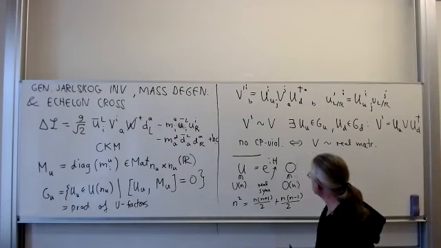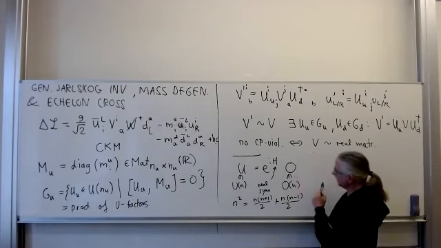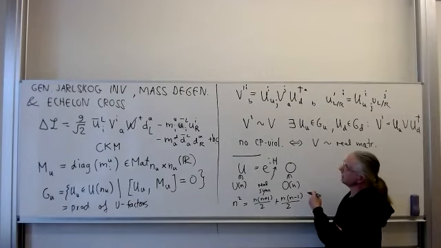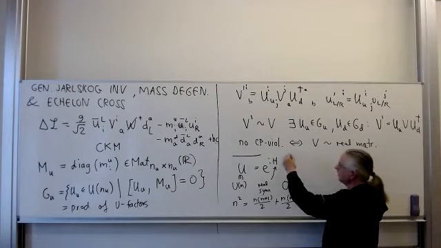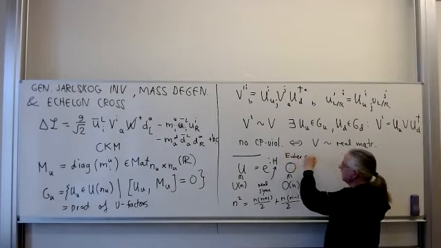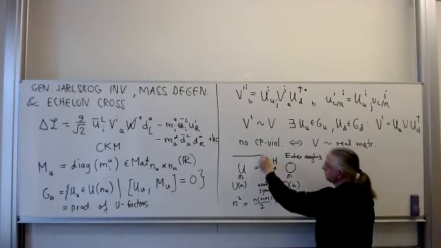And another thing is that Jarlskog and collaborators typically call these Euler angles, and they call these phases. So these are complex.